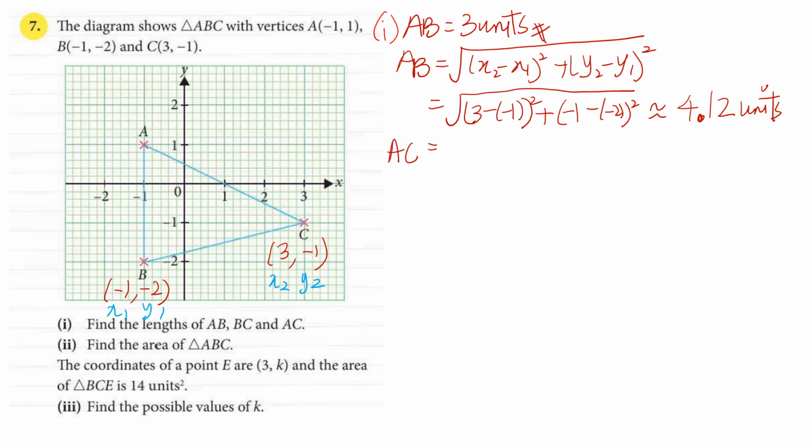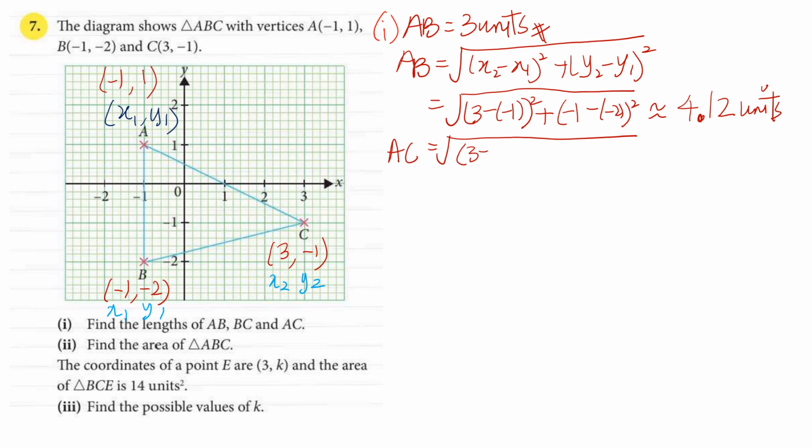Alright, let's look at how we can find AC. Because I've already labeled point C as x2, y2, I'm just going to label point A as x1, y1. So that will be x2, which is 3, minus x1, which is, okay, write down the coordinates of point A, its x coordinate is -1, y coordinate is 1.